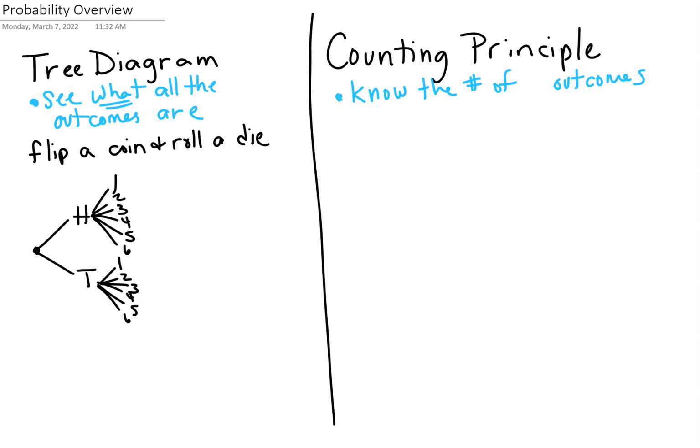What I have been asking you to do, once you make your tree diagram, is to list all of the possible outcomes. So we can do heads and then a 1, heads and then a 2, heads and then a 3, and just keep listing all of the outcomes that you see. Those are all the outcomes of getting heads first, and then all of the outcomes of getting tails first.